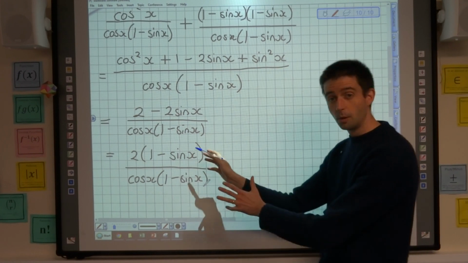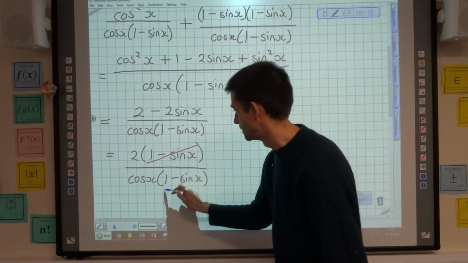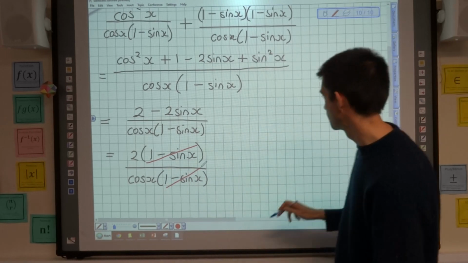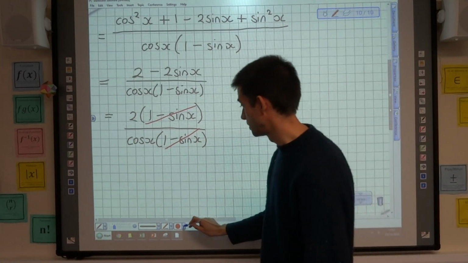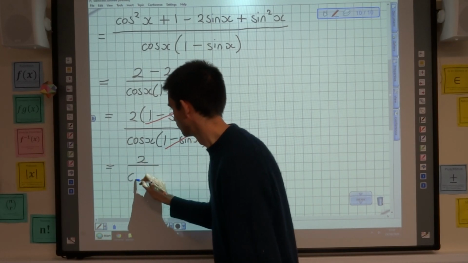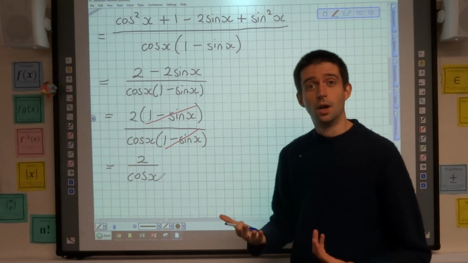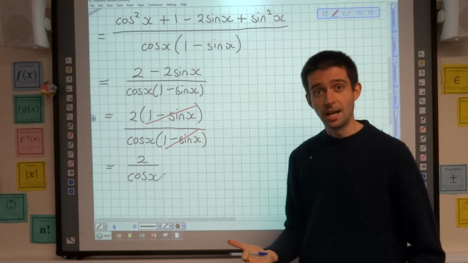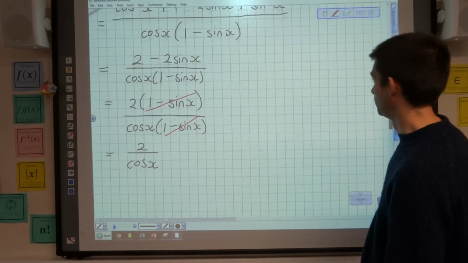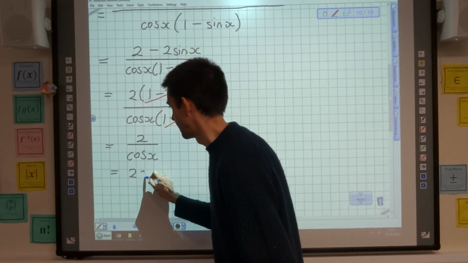And because I now have a common term on the numerator and denominator, I can cancel that 1 minus sin x with that 1 minus sin x, which gives me 2 over cos x, which, as you remember, is what we were really aiming for, because we knew that 2 over cos x is the same as 2 sec x.